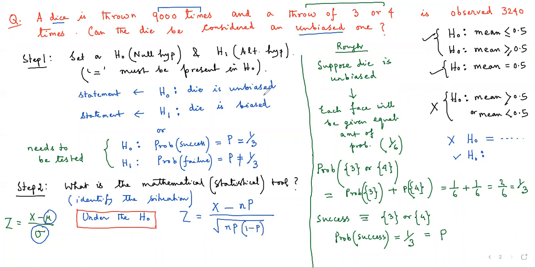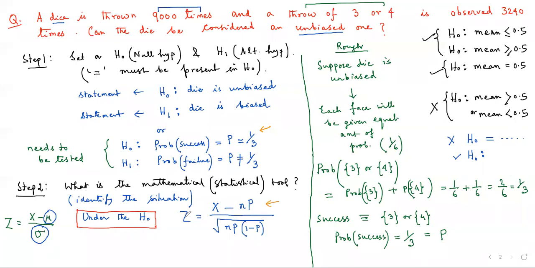Now you see what I told you earlier: in the null hypothesis, you have to consider the equality symbol. If the equality symbol is missing in the null hypothesis, then you will not be able to perform the test. Try to connect what I said regarding the null hypothesis to this formula. In the formula, capital P is present. Now suppose you interchange the situation. In H0 you write P not equals to 1/3, and in H1 you write P equals to 1/3.